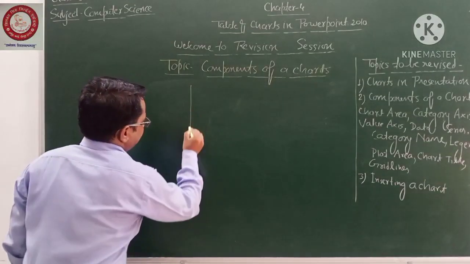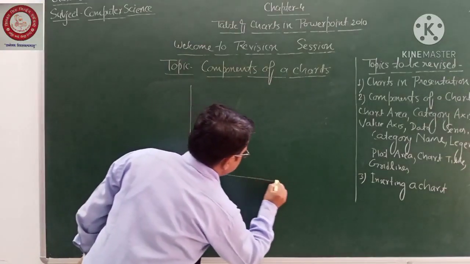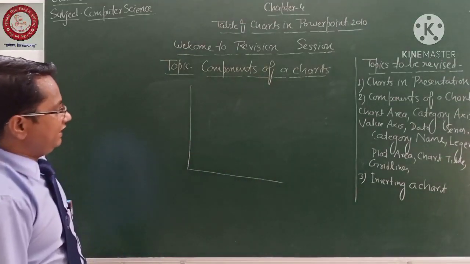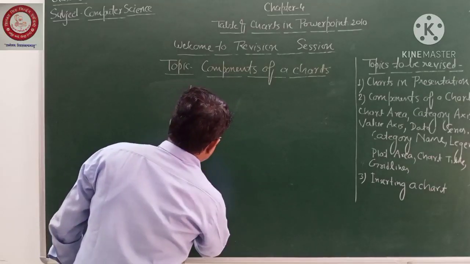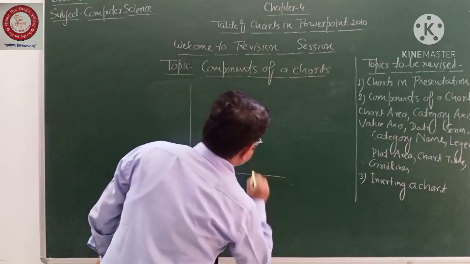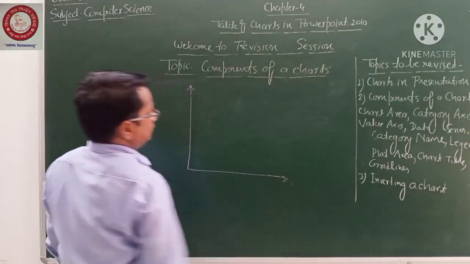First, this is the vertical axis, right? And this is your horizontal axis. Right now, it has become a little bit not a straight line. Now, I will put one arrow mark here, right?